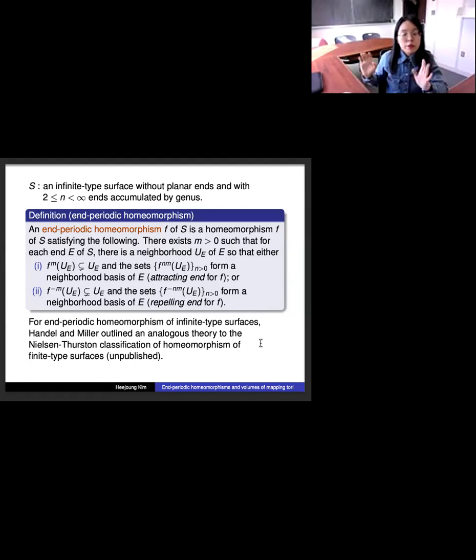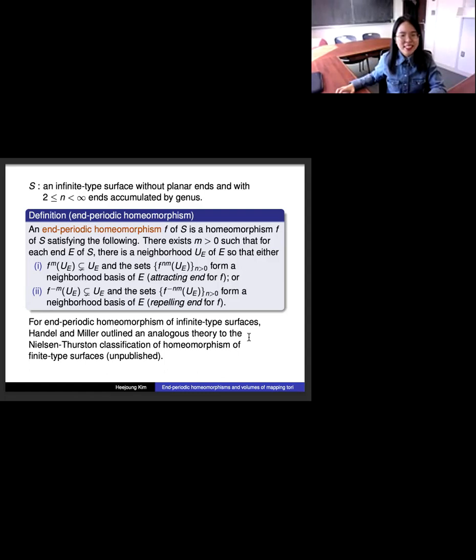For such homeomorphisms, Handel and Miller outlined an analogous theory to the Nielsen-Thurston classification of homeomorphisms of finite type surfaces.